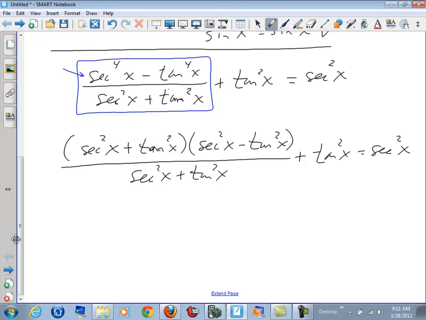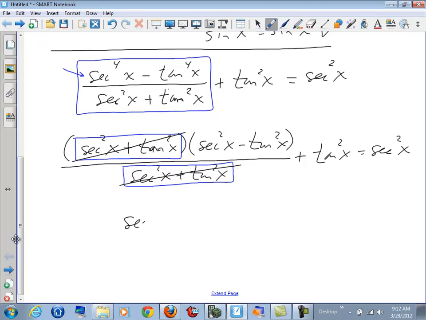If you look at the numerator and denominator, we have the same thing in the numerator and denominator. We have a product in the numerator. So that means we can reduce that first fraction by canceling common factors. So the numerator becomes secant squared minus tangent squared, and the denominator becomes 1.